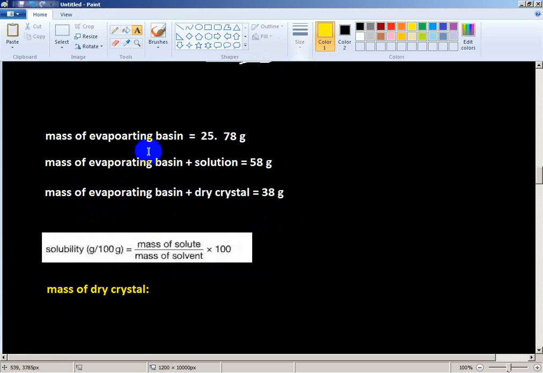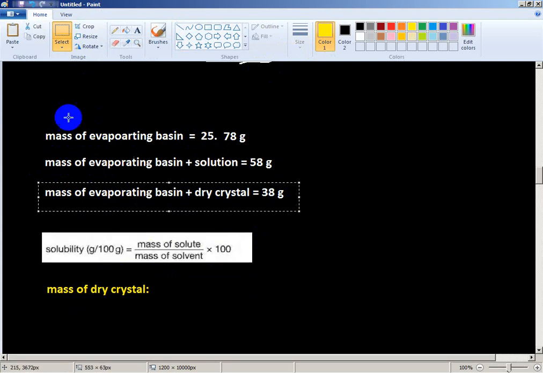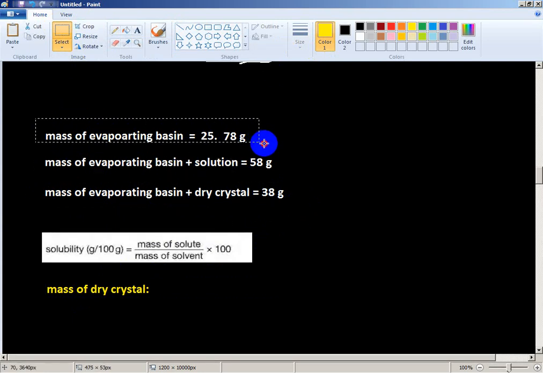From these two pieces of information I can find the mass of dry crystal. What can I do? 38 minus 25.7. Yes. Here is the mass of evaporating basin and dry crystal, so I will deduct the mass of the evaporating basin, and the dry crystal mass will remain.